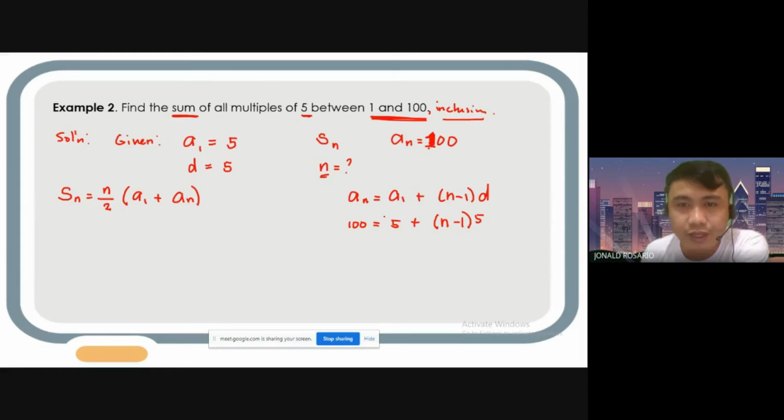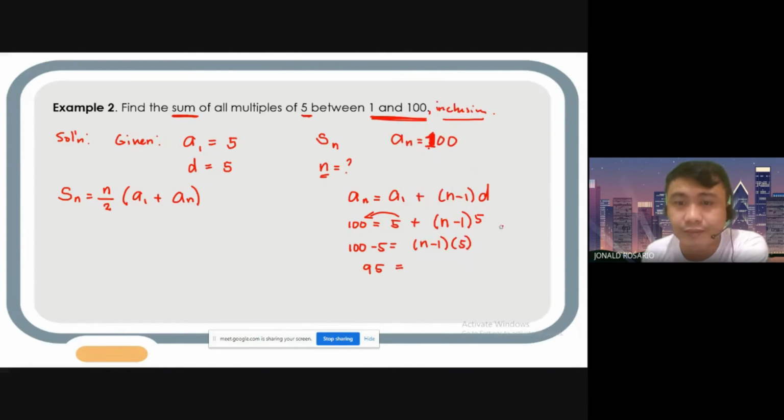So 100 minus 5 equals n minus 1 times 5. Okay, ang hinahanap natin dito ay value ng n. So simple manipulation of the equation. So 100 minus 5 is 95.